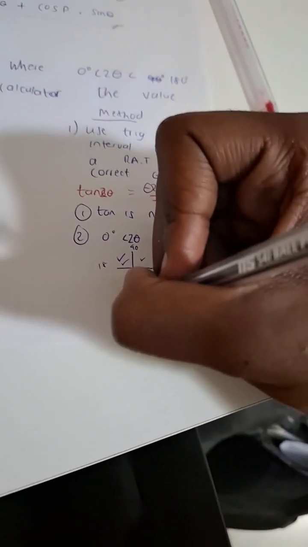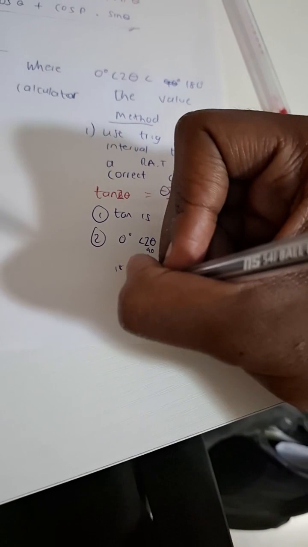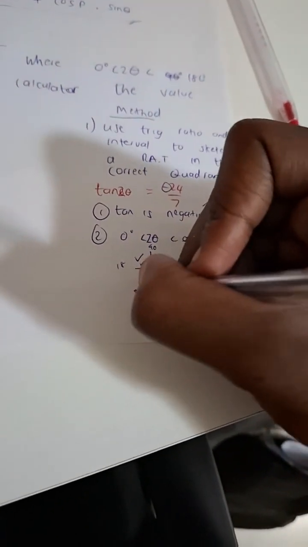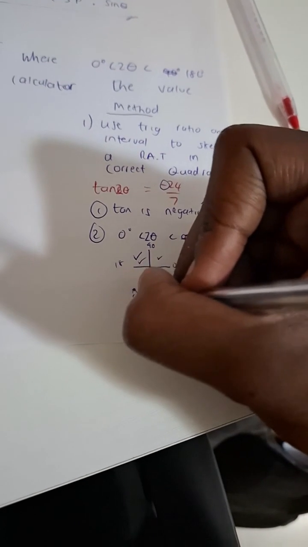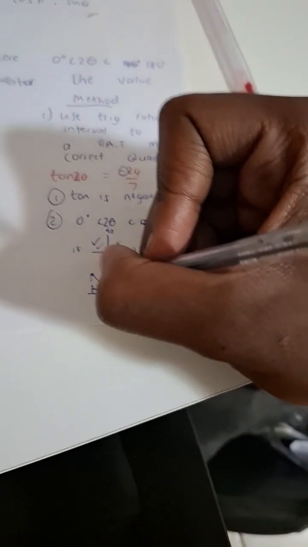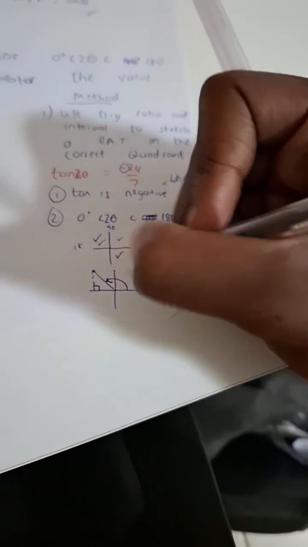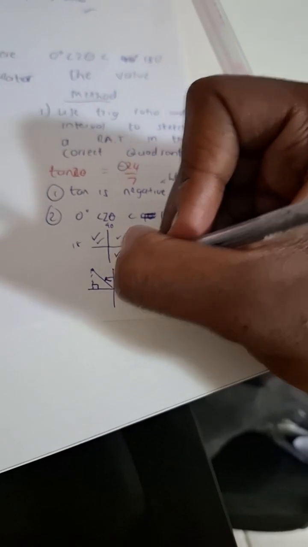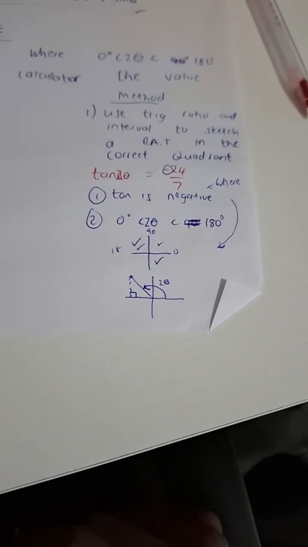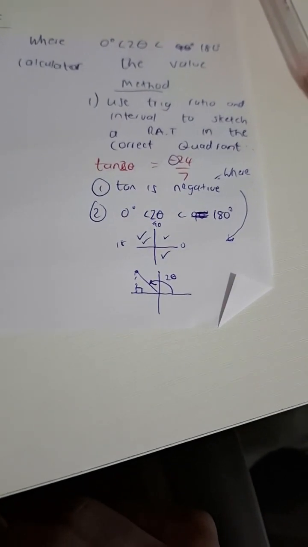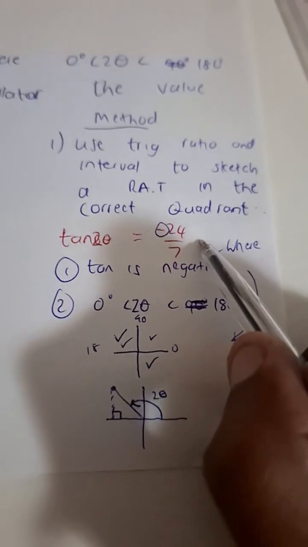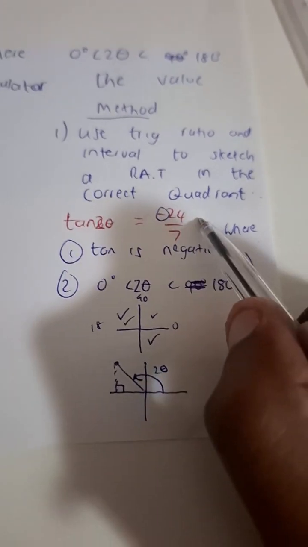So what we do is we sketch a right angle triangle. This would be the terminal arm, as we call it. Then we just complete a right angle triangle. And then the angle from here to there is 2 theta, very important. Now we'll go back to the ratio, negative 24/7.